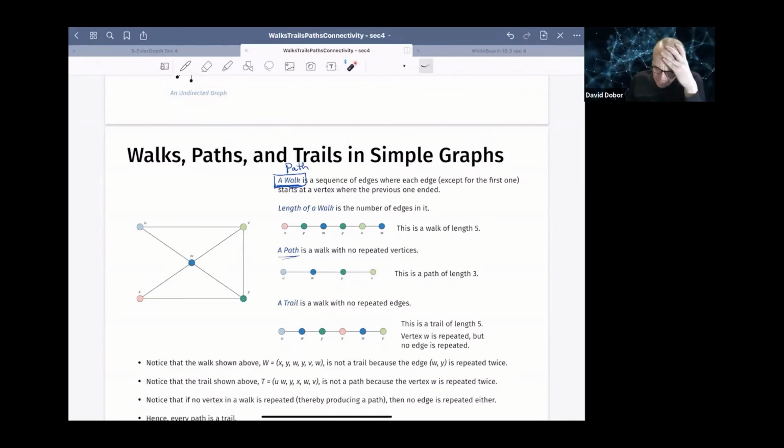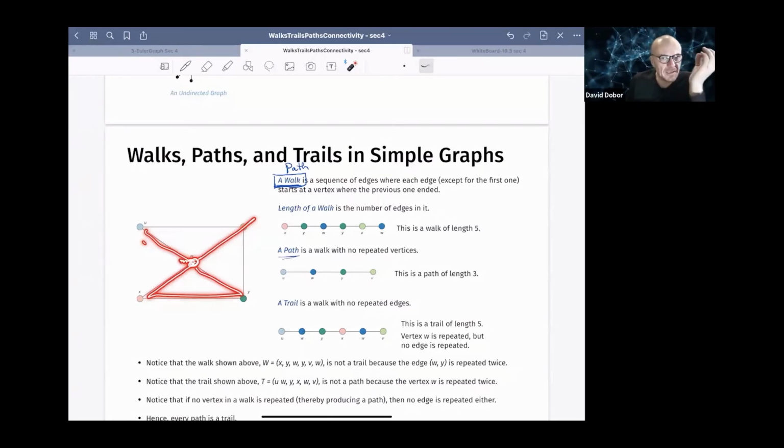Here's U, W, Y, X. Notice what will happen now: I will pass through a vertex more than once. It started here, X, now XW, and then WV. So this vertex was passed through more than once, but no edge was traversed more than once, unlike the previous example. Did people see this?